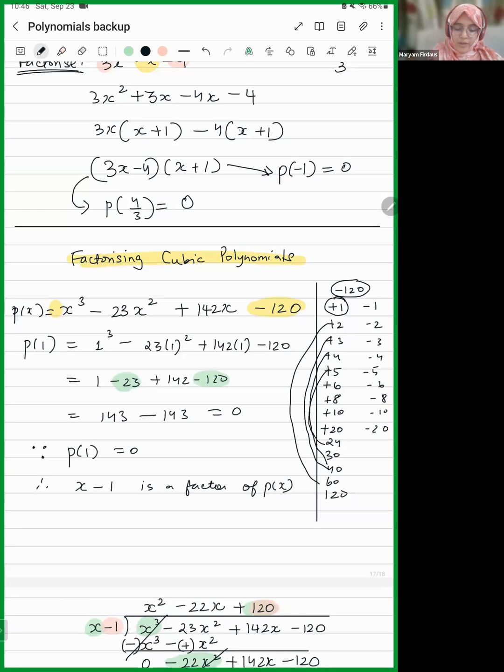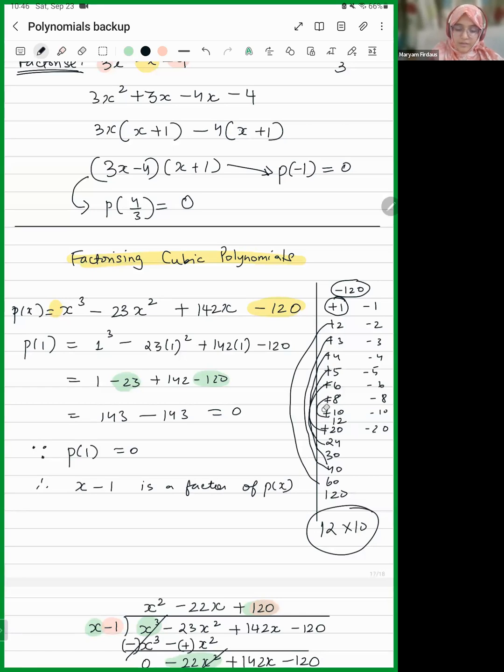How about 4 into 30? Will that give you 22? It won't. Then 5 into 24, that also won't give you 22. 6 into 20, that also won't give you 22. 8 into 10, that also won't give you 22. What about 12 into 10? Yes. We didn't write 12 over here.